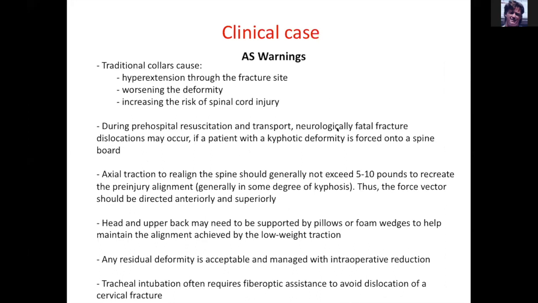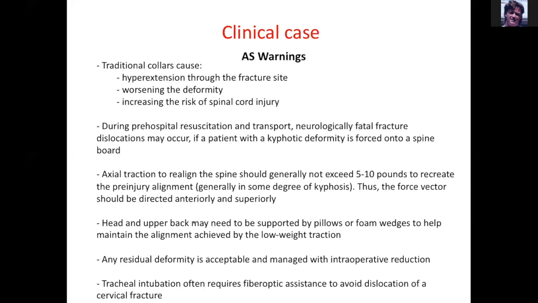Just for the young people in the audience, some warnings. Traditional collars can cause hyperextension at the fracture site, worsening of deformity, and increase the risk of spinal cord injury. So it's very important during pre-hospital or inter-hospital transfer to take care of these patients and not force them flat on a board.